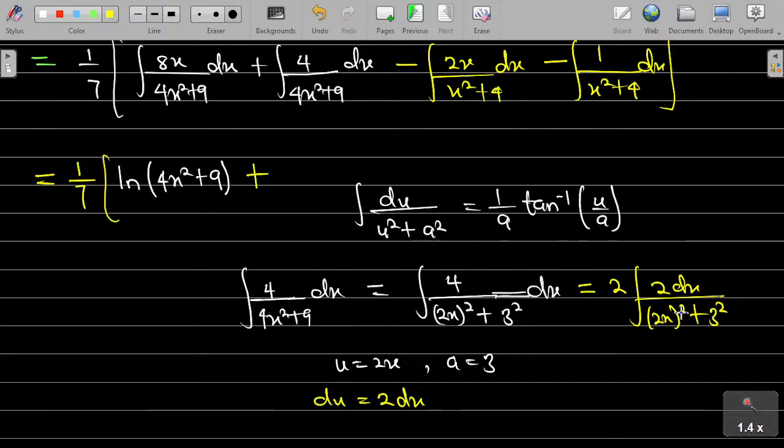In writing it in this form, our a is 3, so you have 1 over 3 coming behind, which is going to multiply the 2 that is already there, because this 2 will multiply this whole integral.